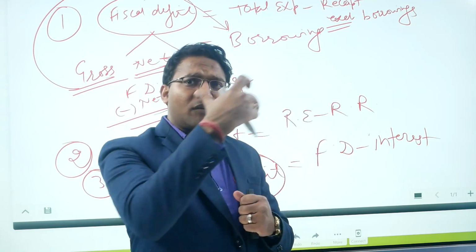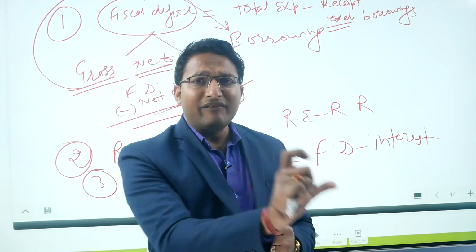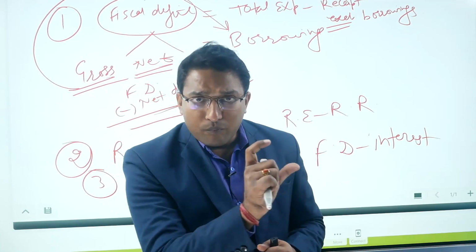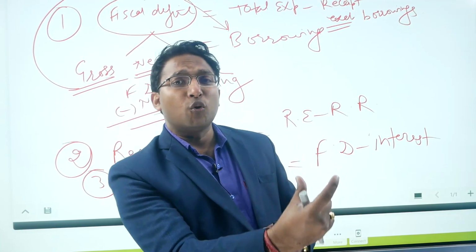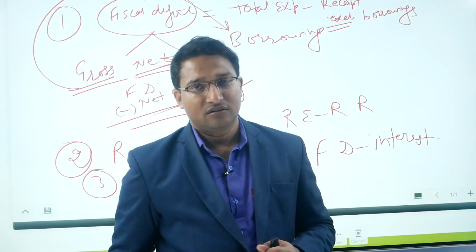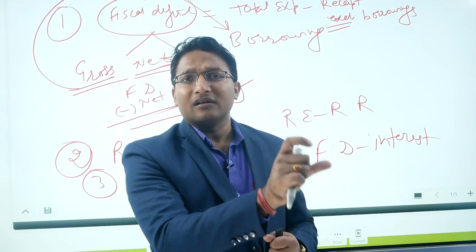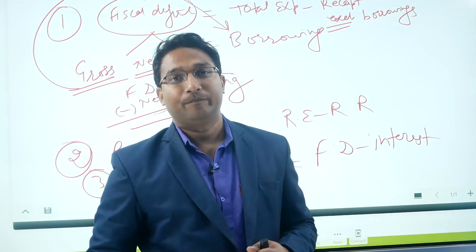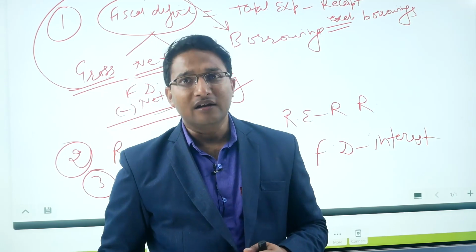when the government takes the loan from the market, the private sector has less amount to borrow. So the private sector may have to pay a higher rate of interest. So the investment or the capital formation by the private sector is hampered, right?